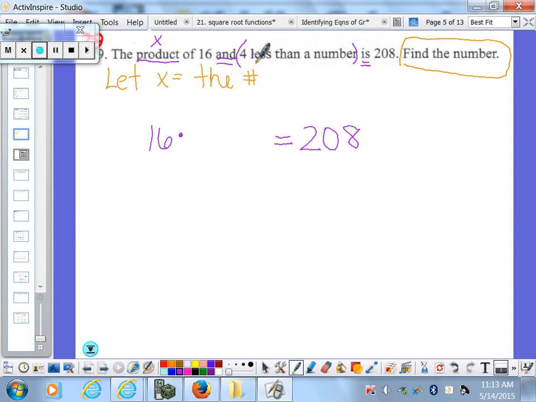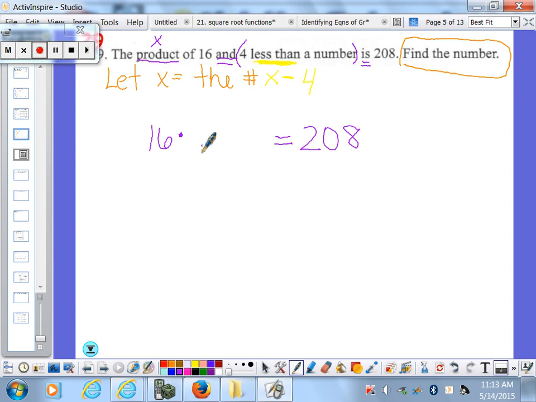So my something else is 4 less than a number. Less than is a very popular phrase you will definitely see somewhere. Less than, remember, the order is the opposite. So if it says 4 first, 4 is going to come after the subtraction sign. In this case, it says 4 less than a number, and my let statement says that x is the number, so that's going to be x minus 4.